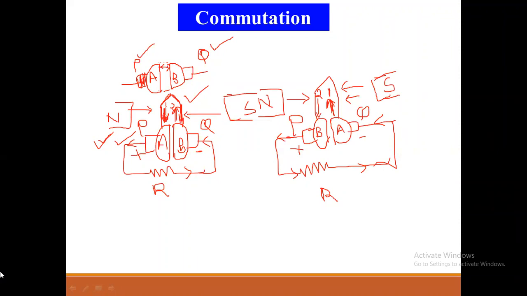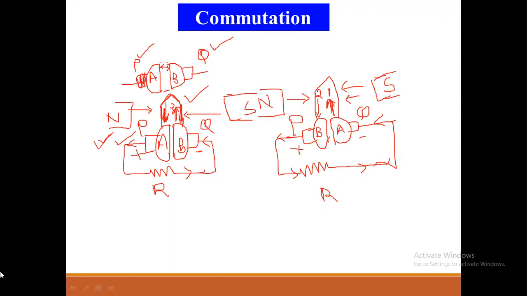Yes, sir. Okay. So this concept is nothing but commutation. This concept is the reversal of current. It happens when the coil passes from one pole to another pole, or passes through the brush axis, or passes from one brush to another brush.